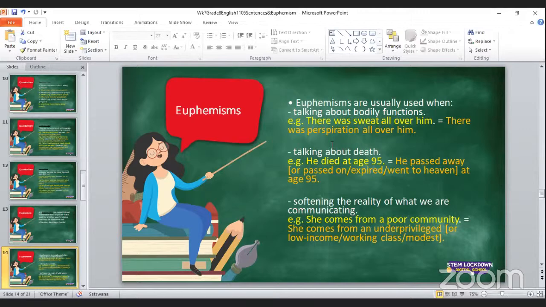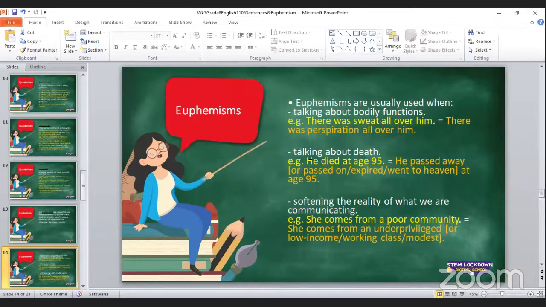Okay. And sometimes we also use euphemisms when we talk about death. Okay, why? Because death is something which is very hurtful, right? So because of that, for example, we just can't say he died at age 95. That's very hurtful. And if you say that, it communicates as if you are very uncaring, very unsympathetic.